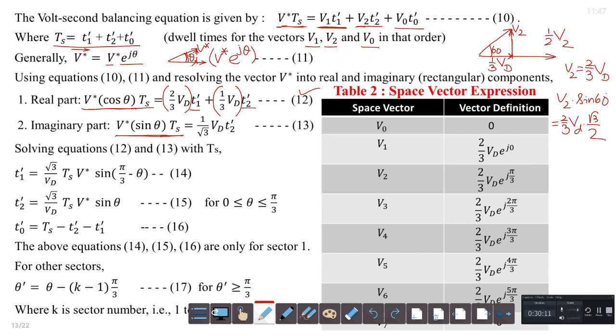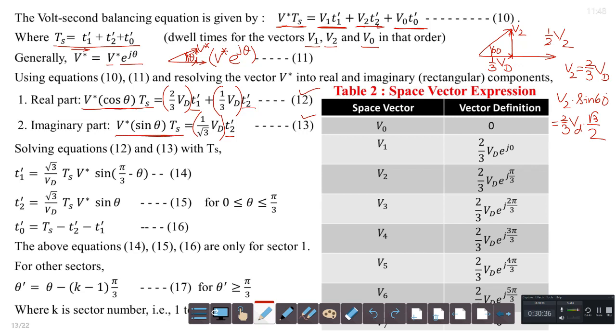So, this becomes 1 by root 3 times Vd, and the time of application is T2 dash. And the last term V0 has no contribution to the imaginary component or vertical component. So, equation number 13 is obtained for the vertical axis component by applying the volt second principle.